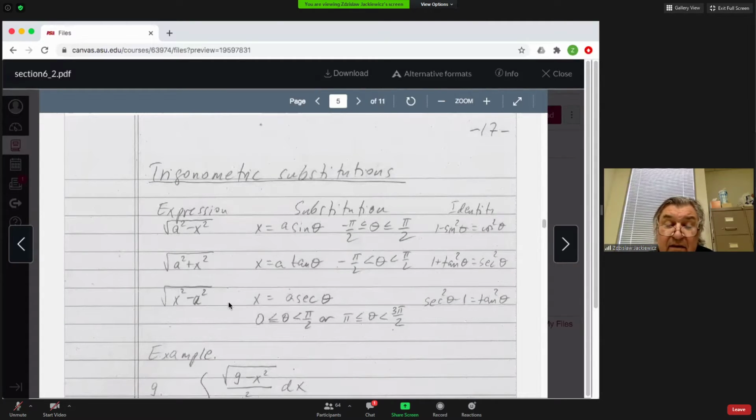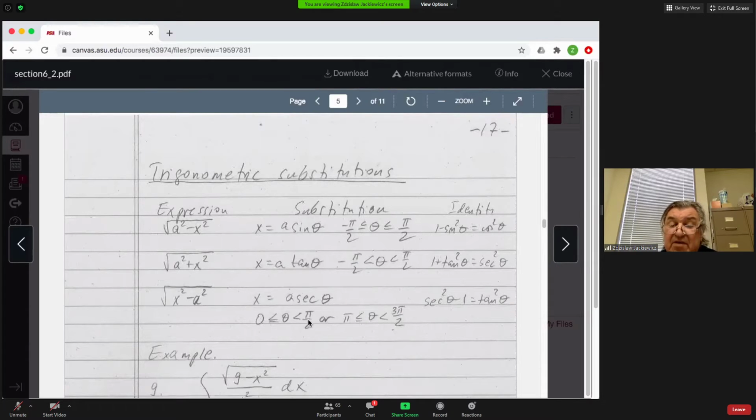And the third substitution, when you have x squared minus a squared, then the recommended substitution is x equals this constant a times secant theta. And again, here are the restrictions on theta. You will see why. Theta is between 0 and pi over 2, or between pi and 3 pi over 2.